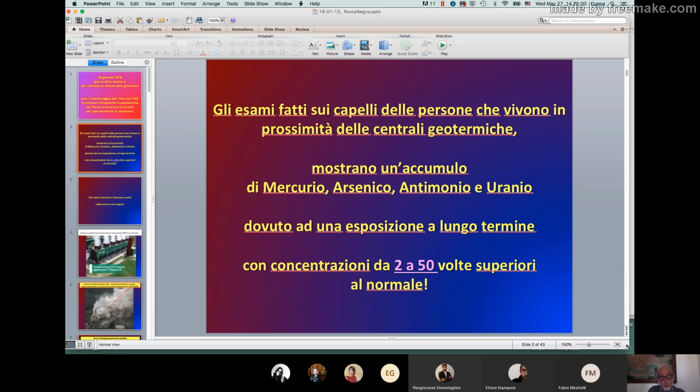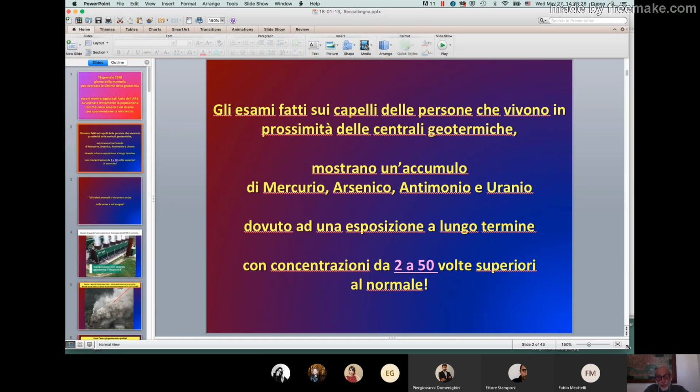Now, if you do a chemical analysis of the hairs of the people, then you find out that the hairs of people at Amiata have a very large amount of pollutants at concentrations that are much larger than the average concentration in normal people.